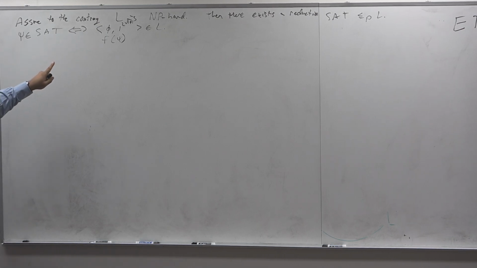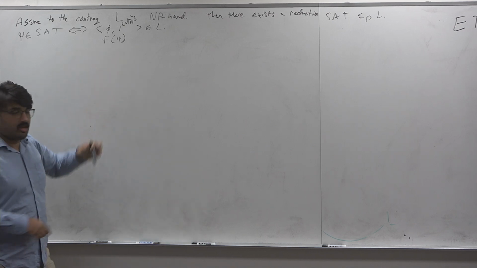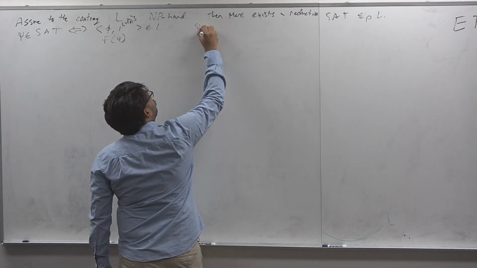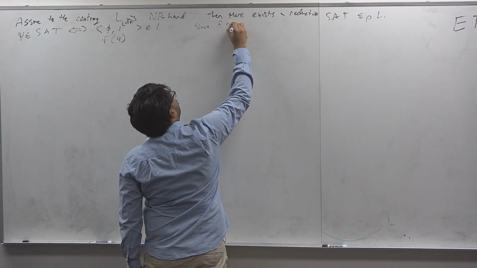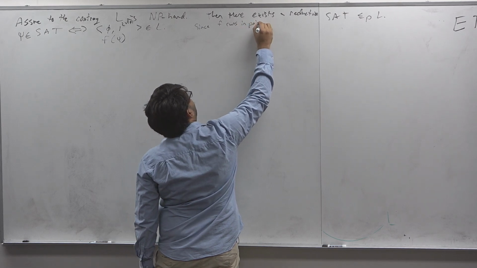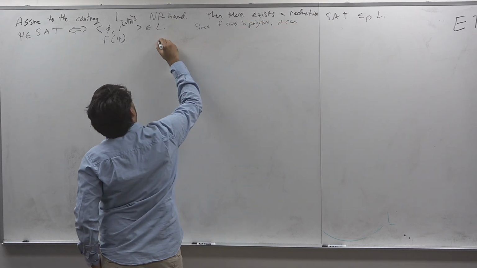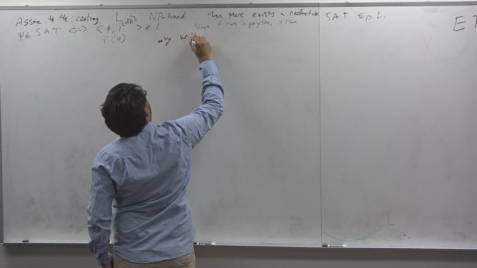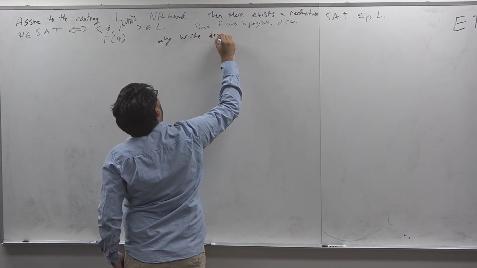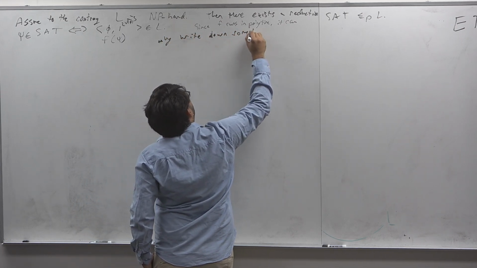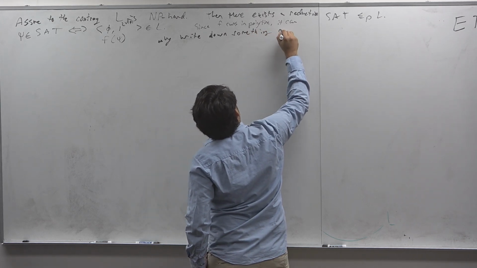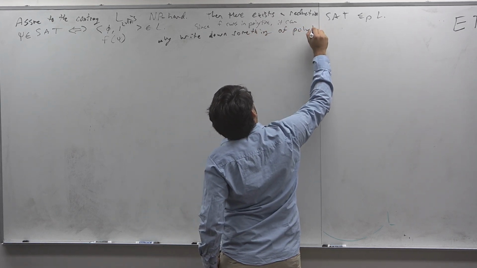What do we know about f? We know f runs in polynomial time. Since f runs in poly time, it can only write down something of polynomial size.